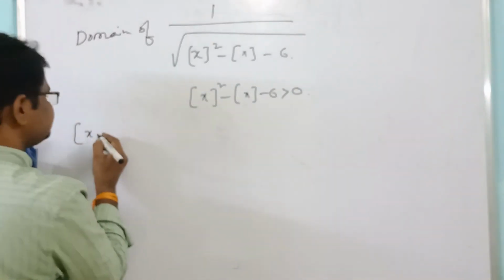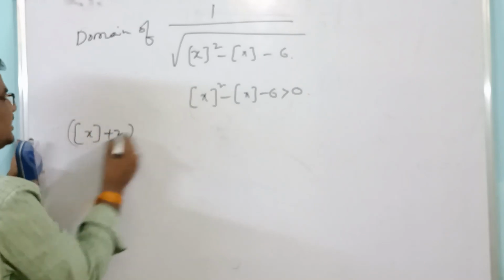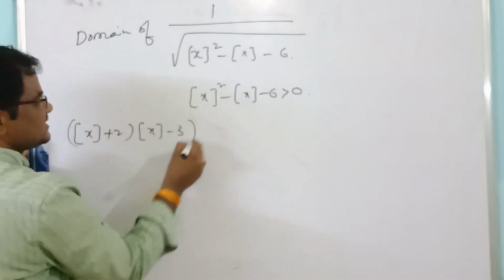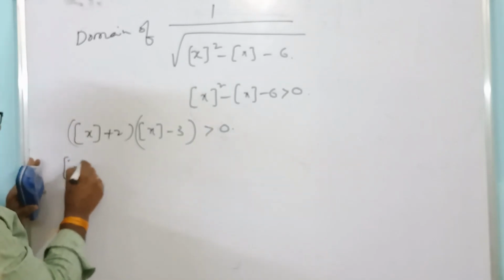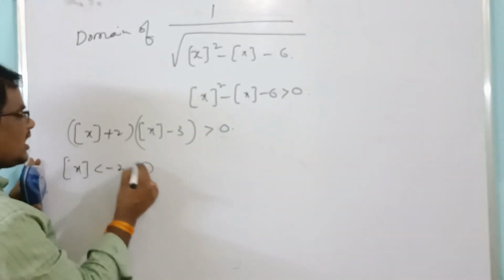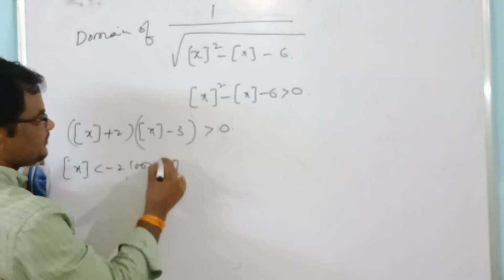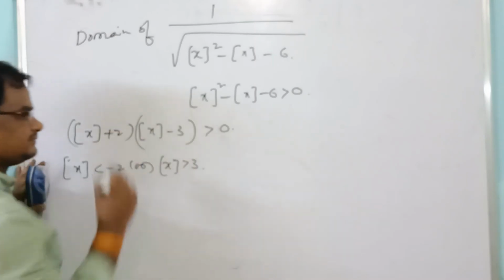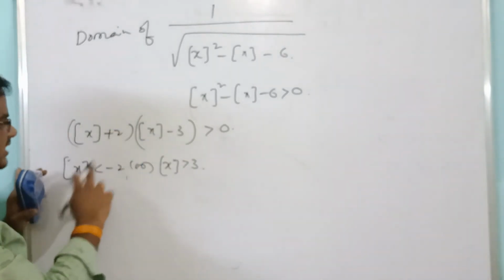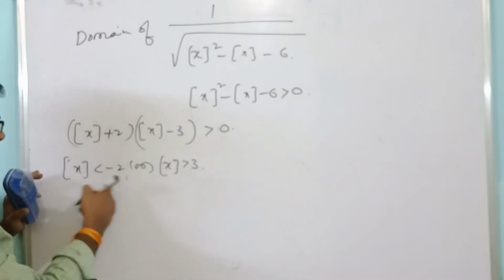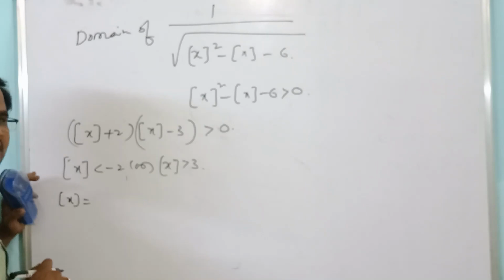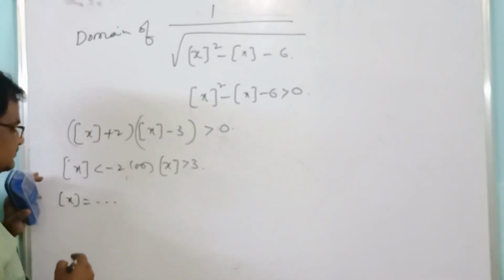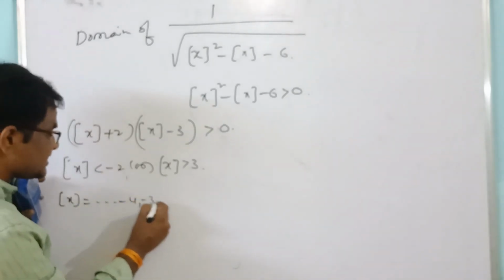So here also, if you take the factors, what will you get? Step x plus 2 into step x minus 3 greater than 0. How to write it? As step x less than minus 2 or step x greater than 3. Right? Less than minus 2, greater than 3. Step x less than minus 2 means what are the possible values? Etc., minus 4, minus 3.